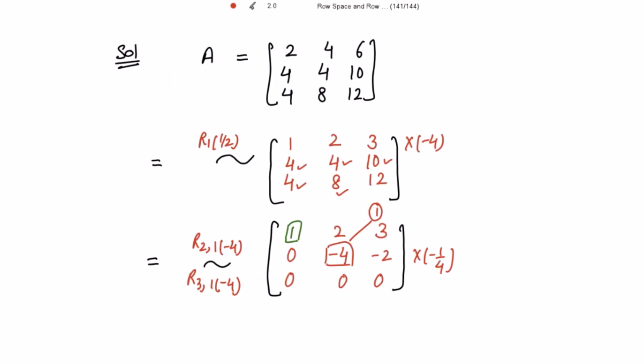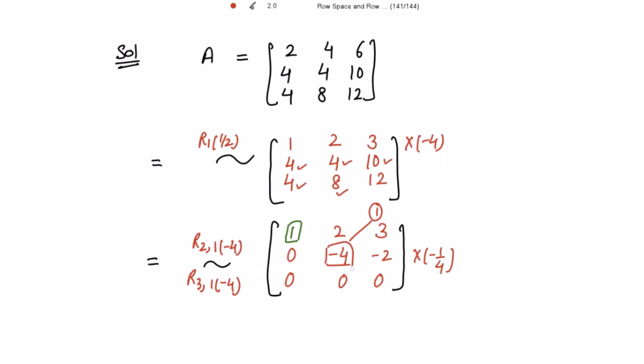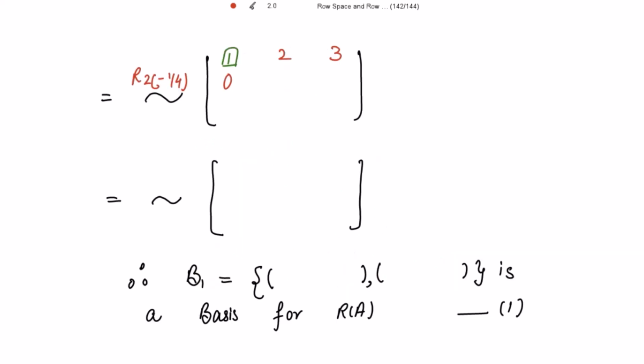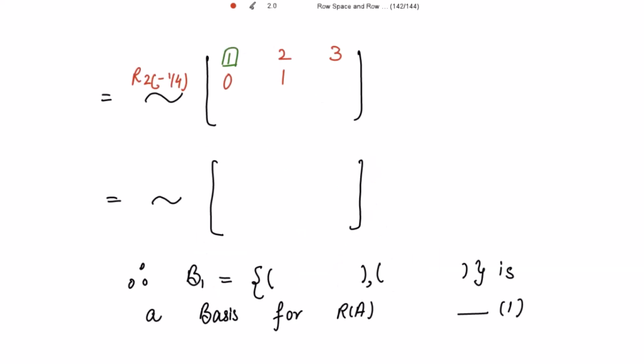So 0 multiplied with minus 1 by 4, we get 0. Minus 4 multiplied with minus 1 by 4, we get 1. Minus 2 multiplied with minus 1 by 4, we get 1 by 2. Writing the third row as it is.